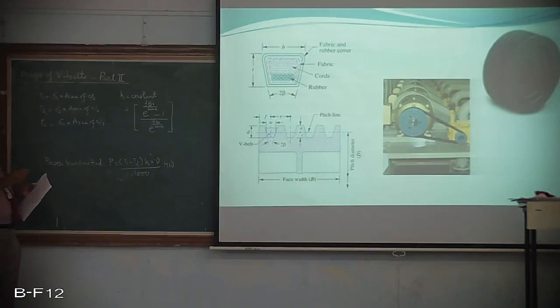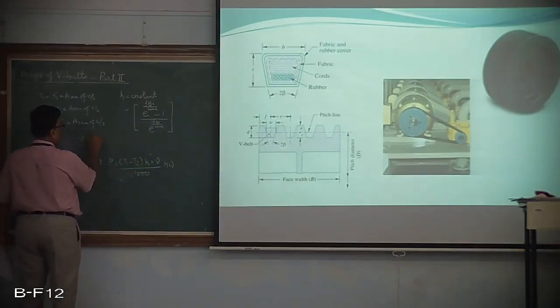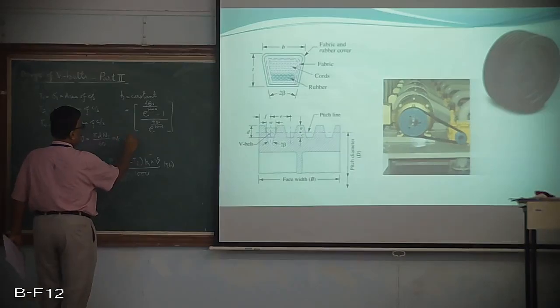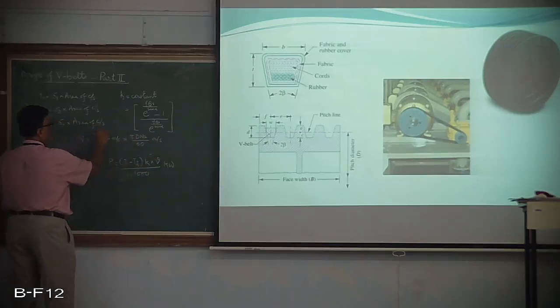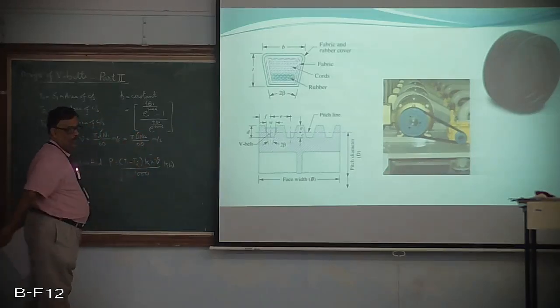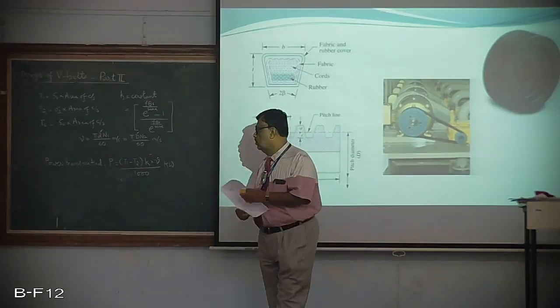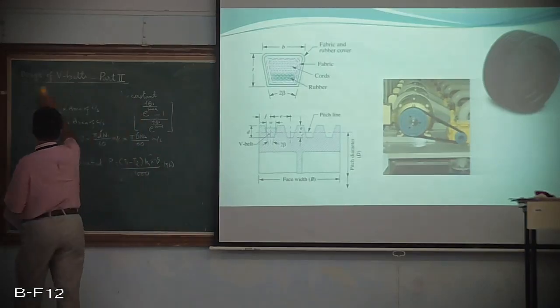Then once you find that k, V is the velocity, which can be found out by pi d n1 upon 60 meter per second, or you can also write it as pi d n2 by 60 meter per second, where you have to substitute these two diameters in meters only, because finally the unit of velocity is meter per second. So we need to substitute diameters in meter. This is what you have to remember.